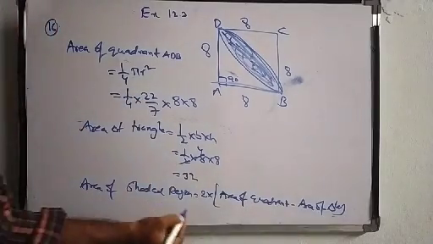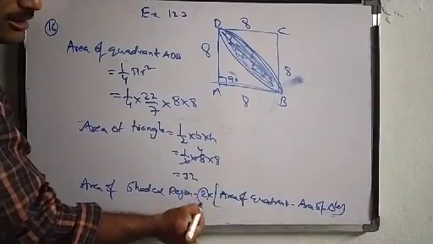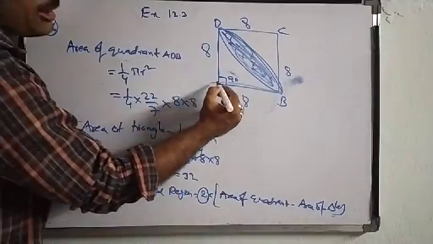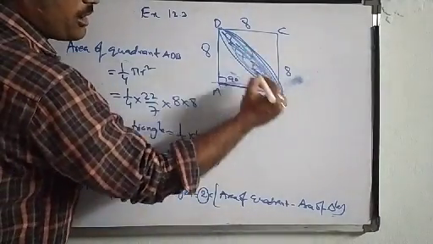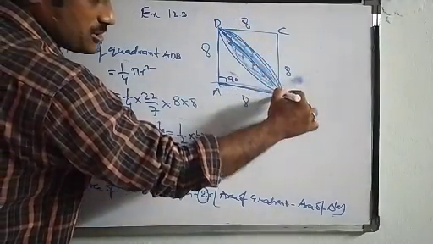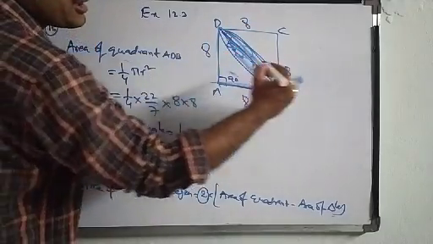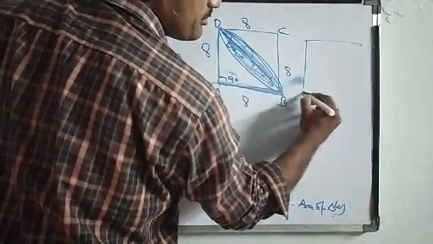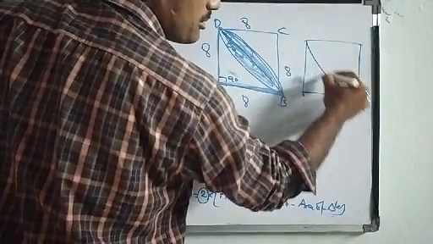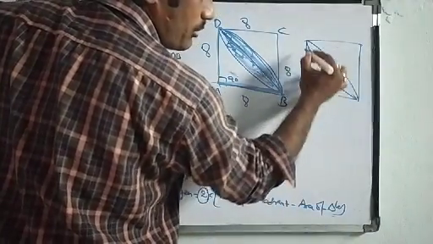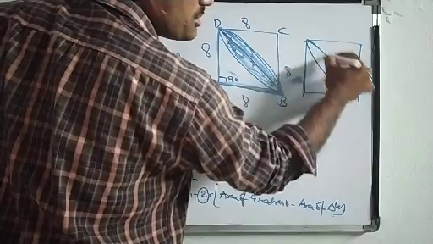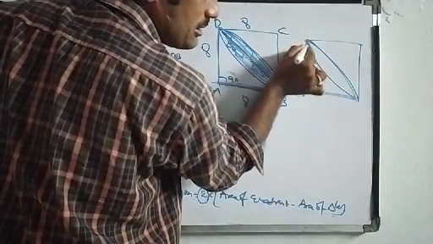Now the thing is that why I am writing here 2 means, look at here, if I am taking area of quadrant minus area of triangle means, so this region it will cover. It means that this part is not coming in my shaded region. I will draw once again for clarity. So when I am talking about the quadrant, this region will come, and when I am talking about the triangle, this region will come.